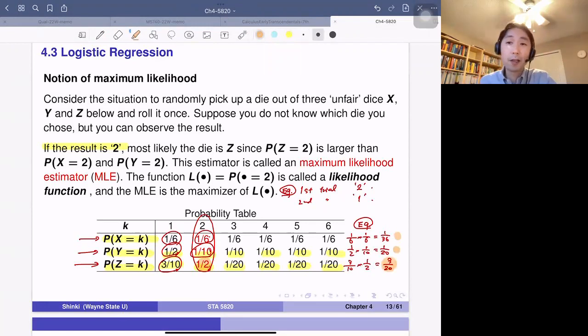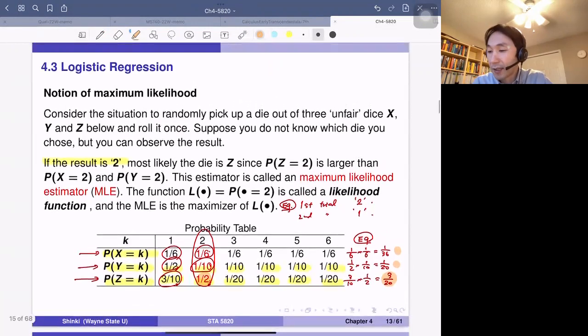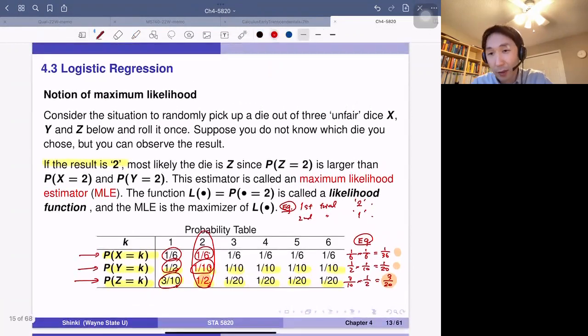So in this way, we can calculate which die is most likely. X, Y, Z are just the 3 possible choices in this case, but in general, this is a parameter. So the parameter theta is either X, Y, or Z. Maybe I would say that the parameter is in the space of X, Y, and Z, but in general, this may be some continuous space.